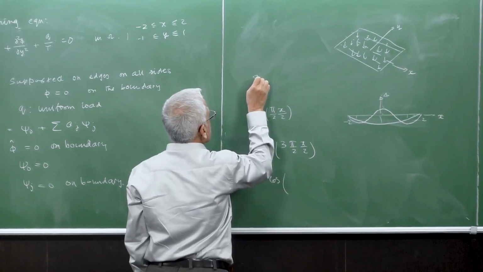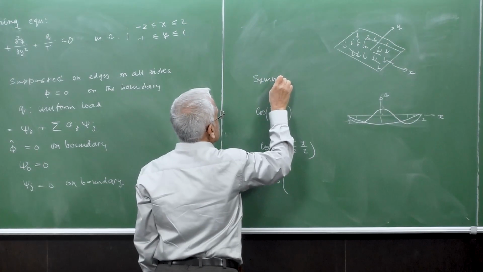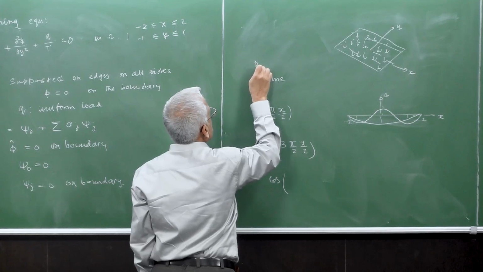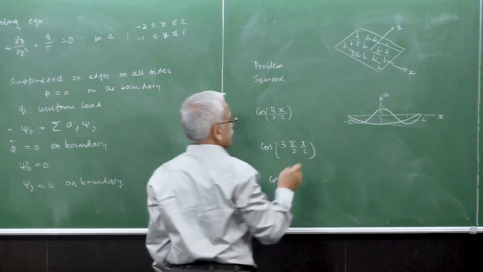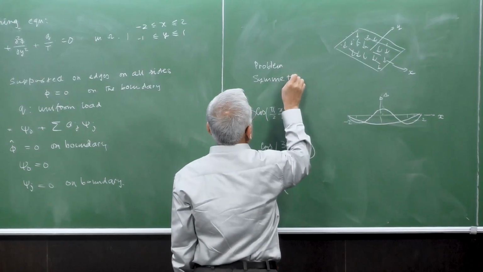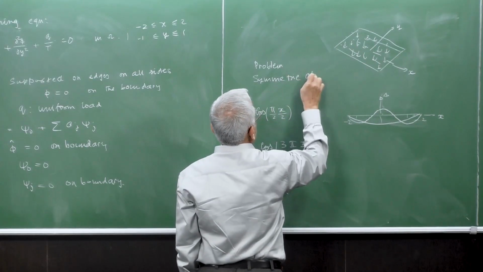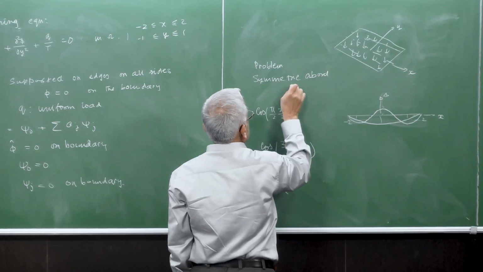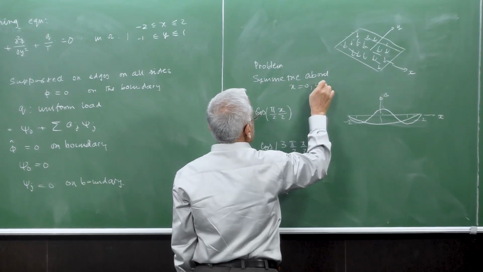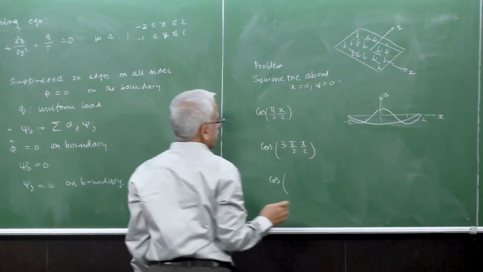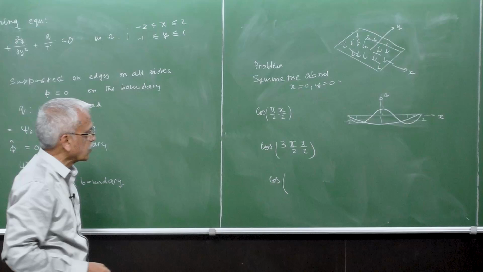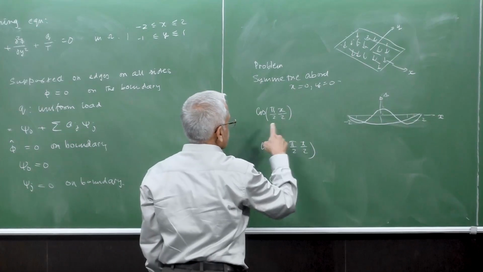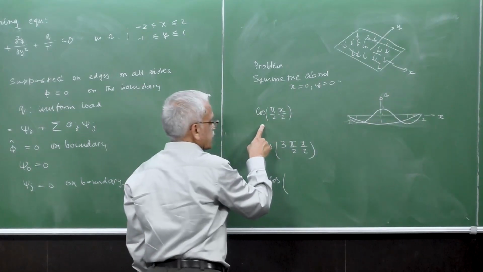These are all symmetric, in the sense that everything is symmetric about x is equal to 0 and y is equal to 0. And so that's why we choose symmetric functions. So the symmetric function about x is equal to 0 is this one.